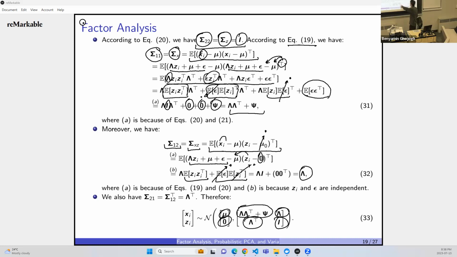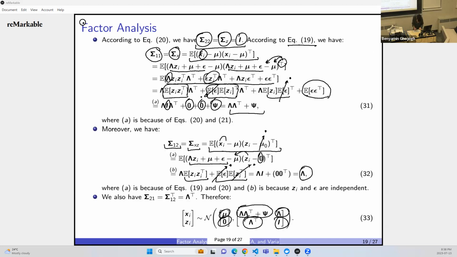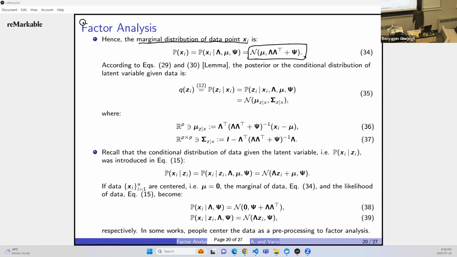We could find all of the parameter formulas for the joint distribution of Xi and Zi. Interesting. Hence, the marginal distribution of Xi, only consider Xi, okay? Or the prior of Xi is this. Why? It means that only consider this first element, and this first element is mu and lambda lambda transpose plus psi. This is exactly what we found, okay?